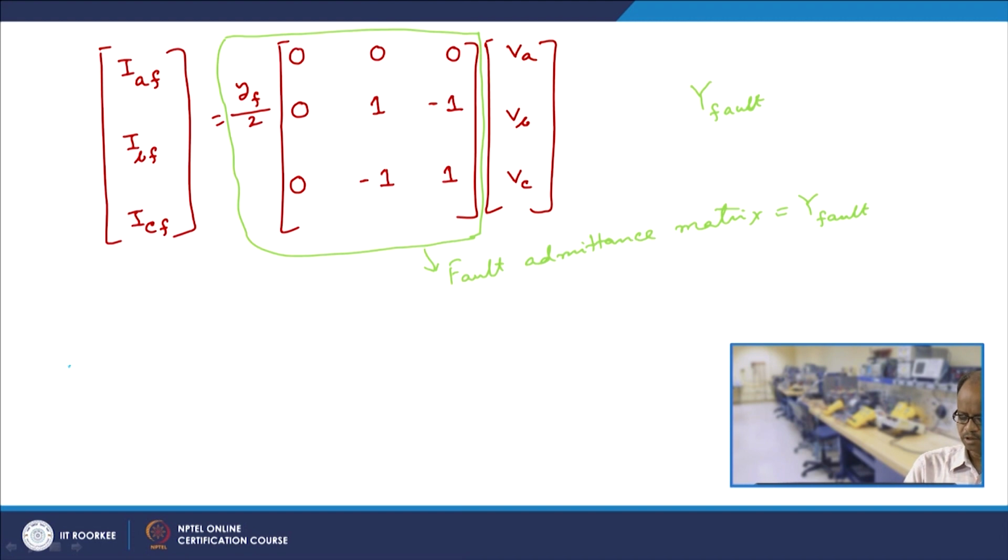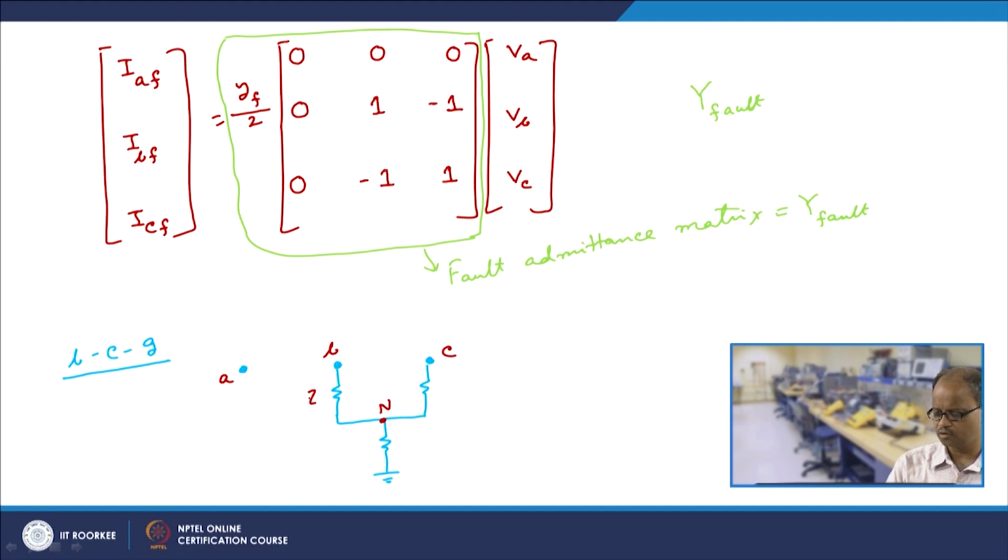Now let us look at BCG. If I look at BCG, then I have again phase A, phase B, phase C. As usual, this is phase A, this is phase B, this is phase C. This is point N, the fault impedance is ZF, and this is ZG, the ground impedance.